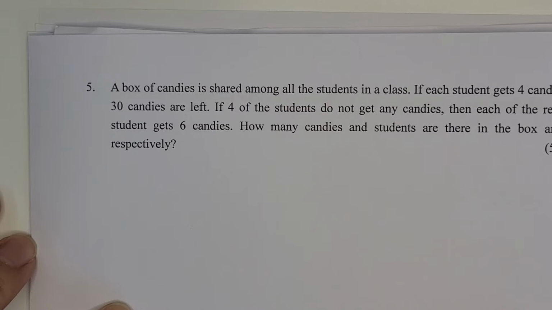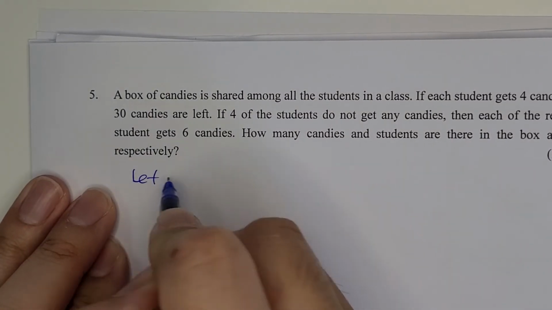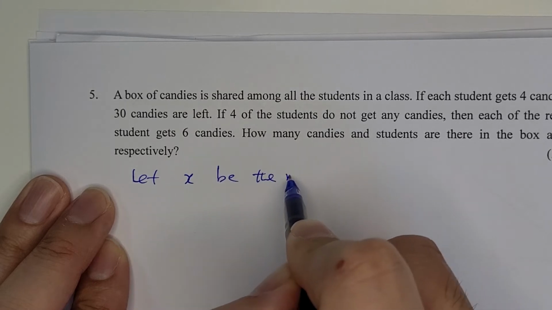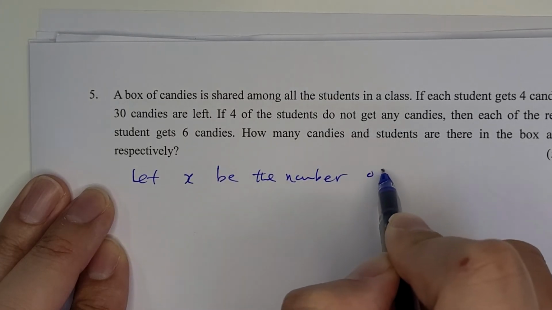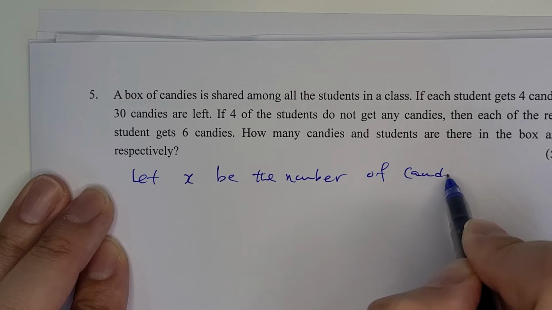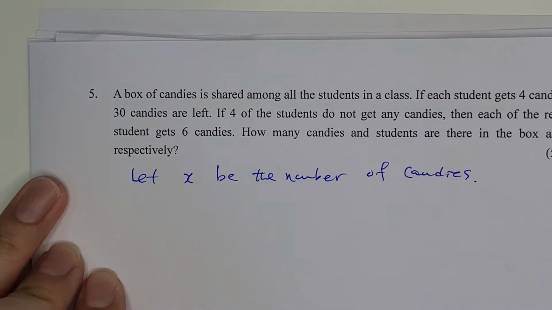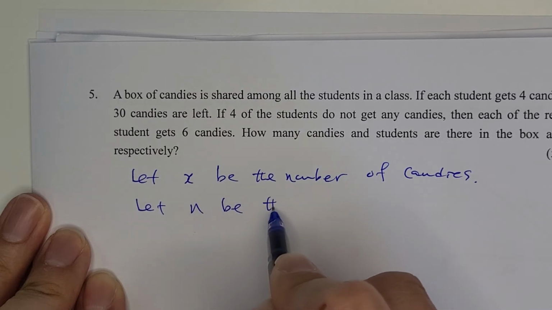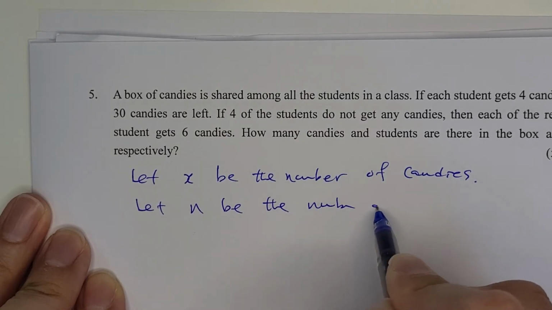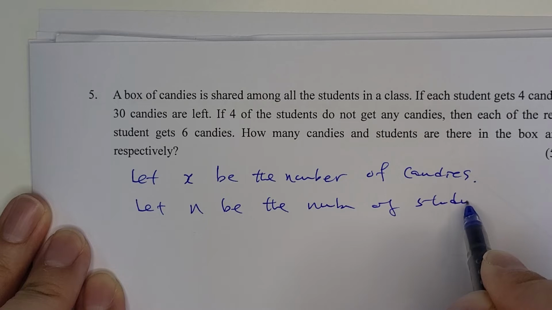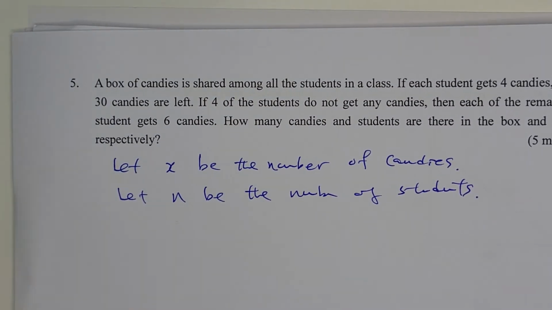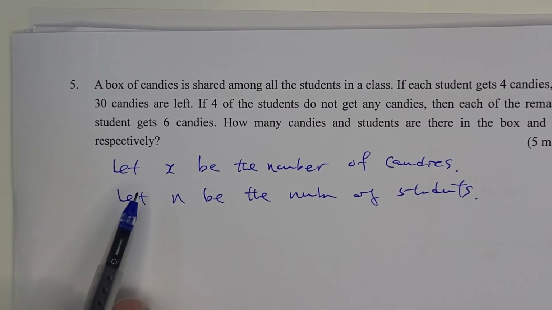So what we can do is, okay, let x be the number of candies, and let n be the number of students. Then you have 2 unknowns here, so you need 2 equations.